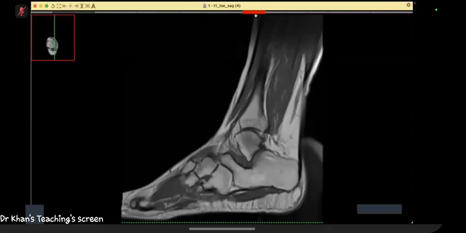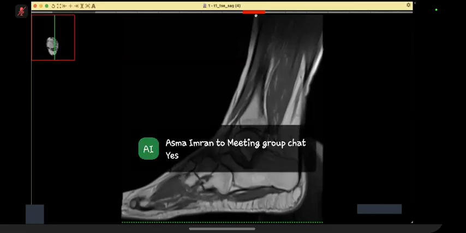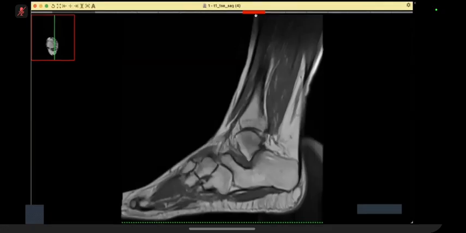In bony coalition, the bone marrow will merge. In cartilaginous, there will be a sort of pseudo joint. On MR, it will be slightly high signal, telling you that this is cartilage. And fibrous coalition will be low signal on all sequences on MR. So on CT scan or MR scan, you don't have to worry about whether it is cartilaginous or fibrous.